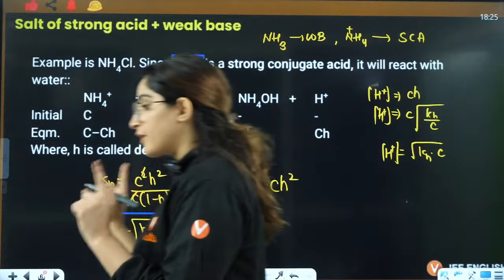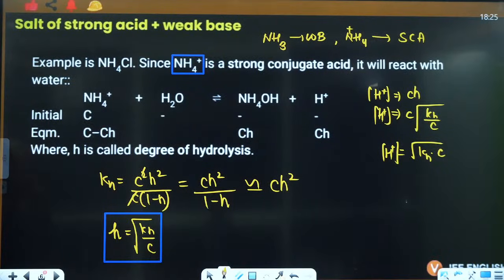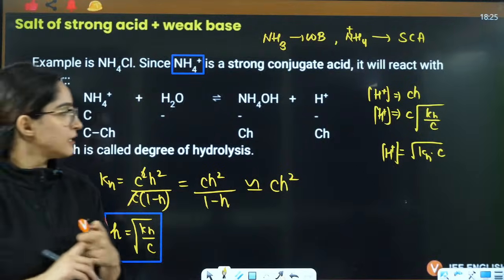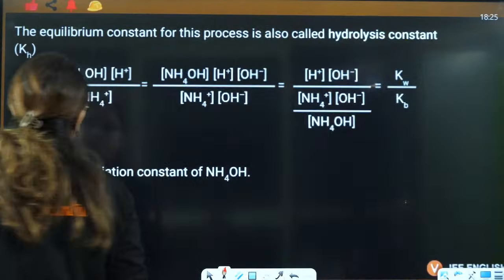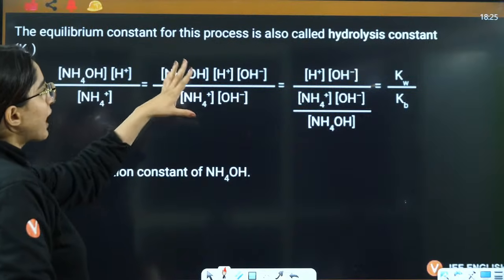It is the same that we have done before also. Understood now what we are doing here? H positive concentration is this one. So that's how you calculate the value.